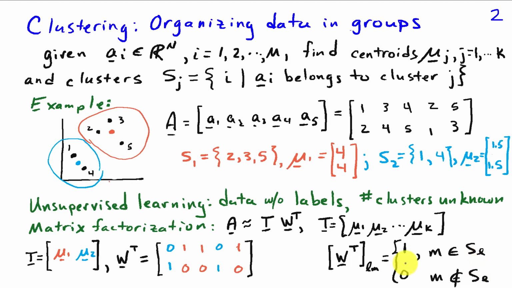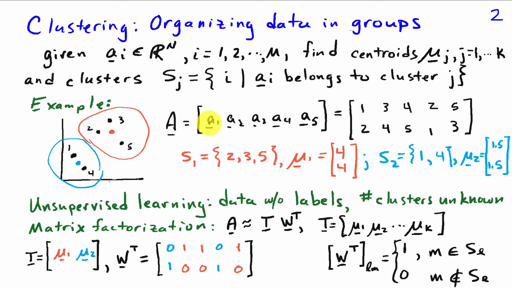Otherwise it's 0. So in our example that we looked at a moment ago, we had 2 centroids, mu1 and mu2, and we're approximating A as a product of this matrix times another matrix W transpose, which assigns each of these centroids to each column of A.